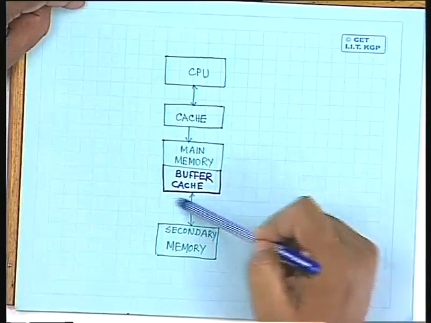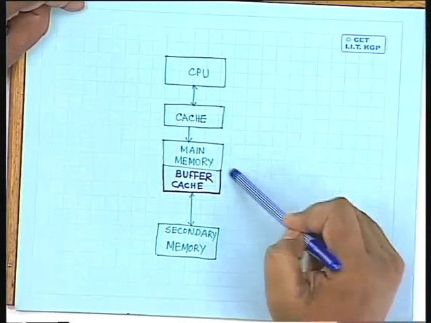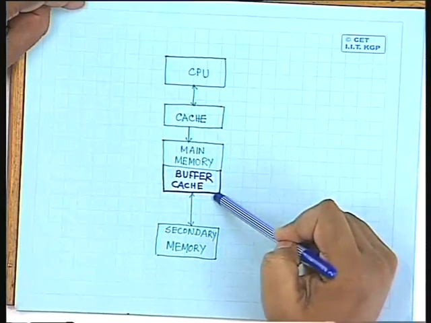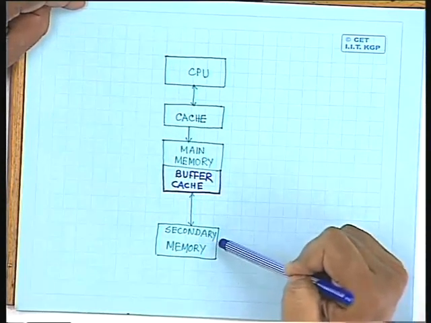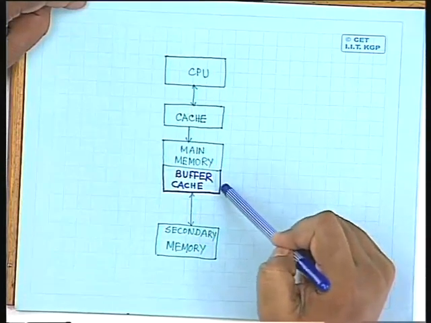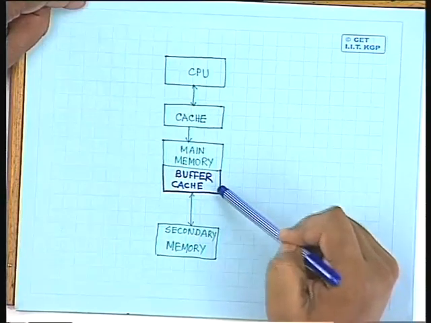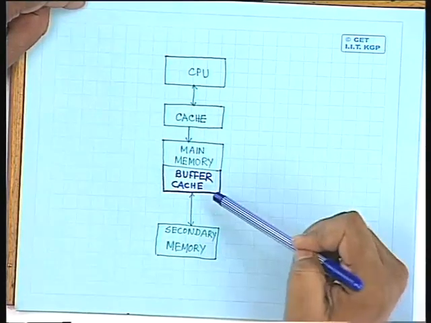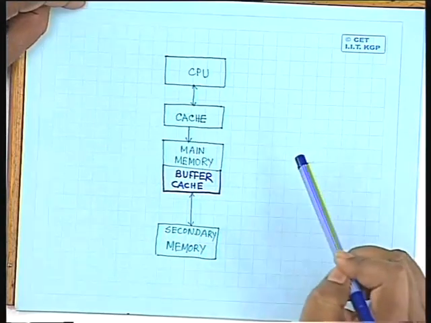So to improve the performance of the system, in between the main memory and secondary memory we introduce another layer, that is buffer cache, which is part of the main memory. Whenever a block is read, it is read from the secondary memory and put into the buffer cache. It will remain there until the buffer cache content has to be replaced or overwritten by the content of another block from the secondary storage.